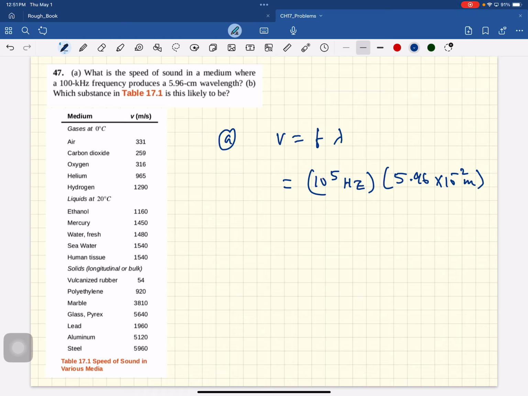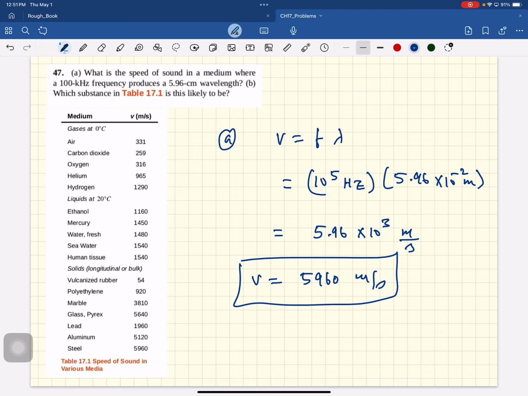That many meters. So 5.96 times 10 to the power 3 meters per second. Okay, there you go. It's in steel.